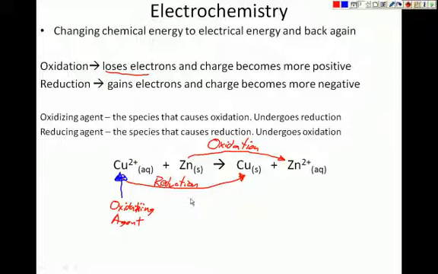And this zinc here, zinc lost 2 electrons and it gave those 2 electrons to here, and therefore this is our reducing agent. So zinc right here is our reducing agent.